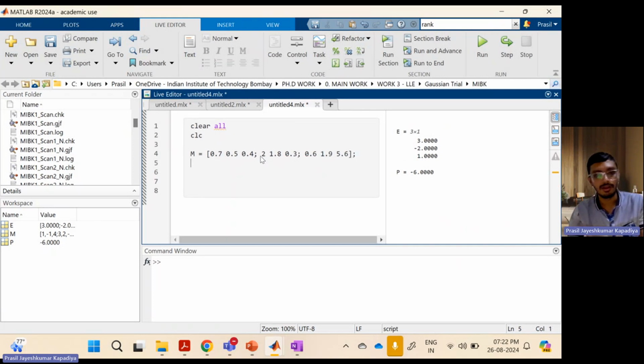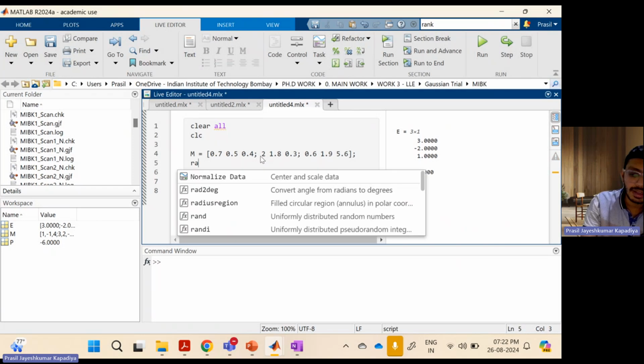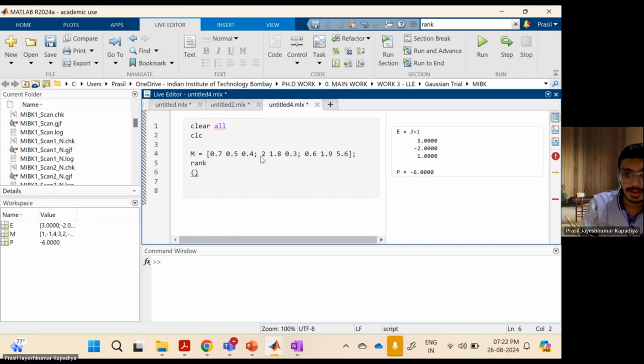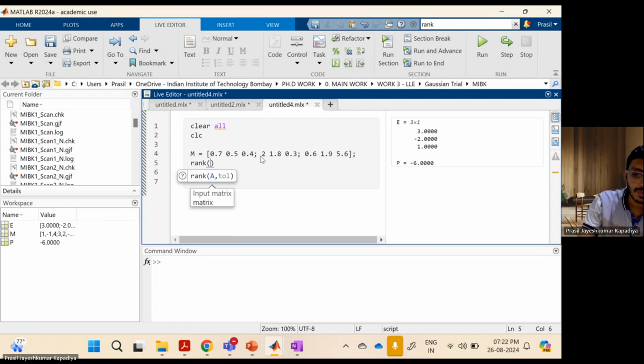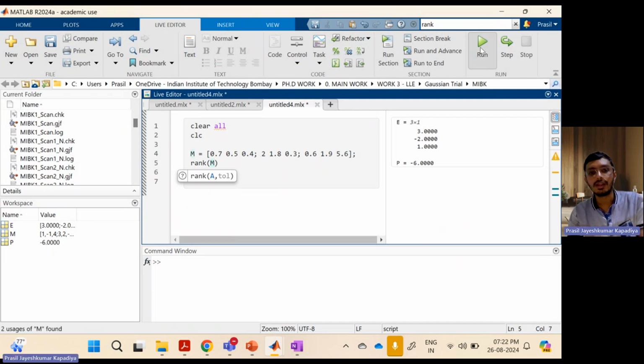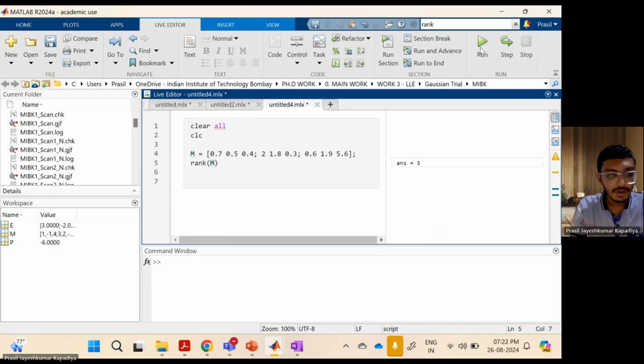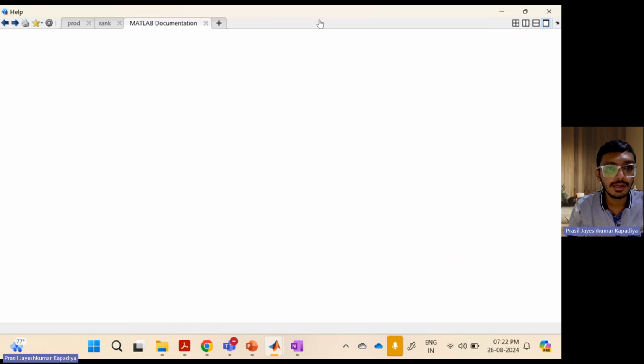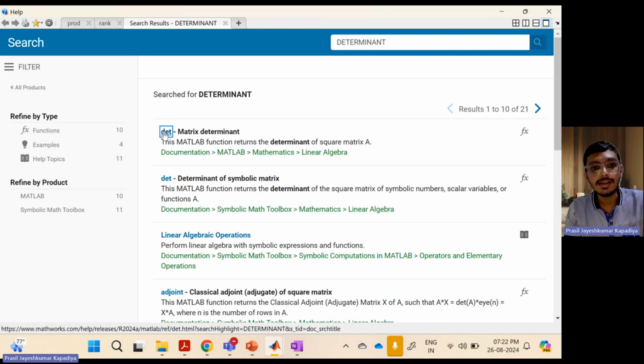Now I want to find the rank. So how can I find it? Rank of M. Let's see what we are getting. The rank of this matrix is 3. Now I want to calculate the determinant. Let's see what the inbuilt command is to calculate the determinant. That is det.